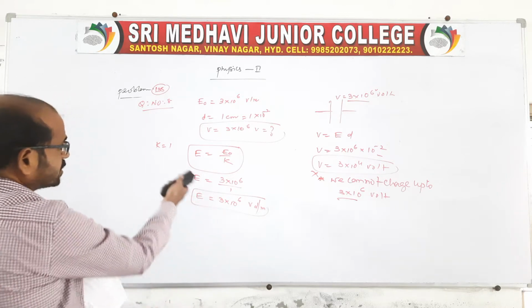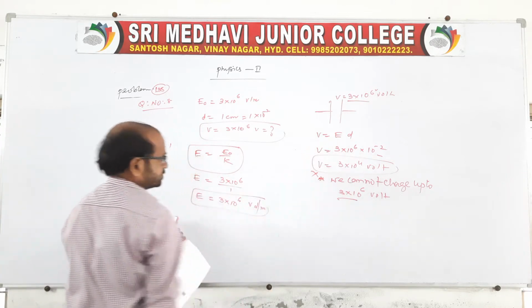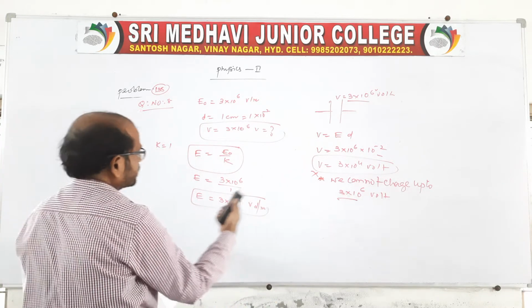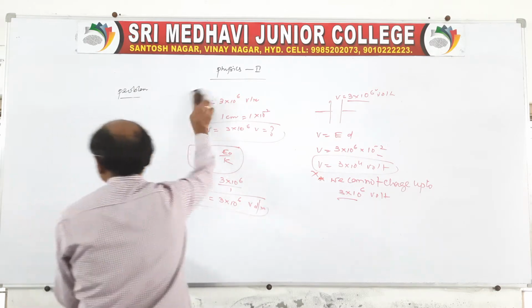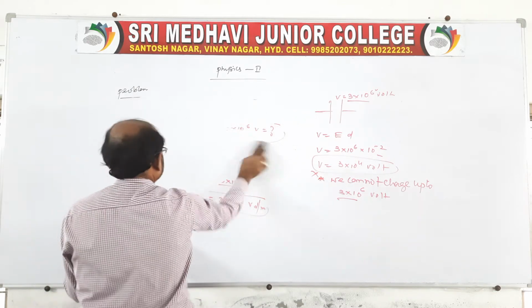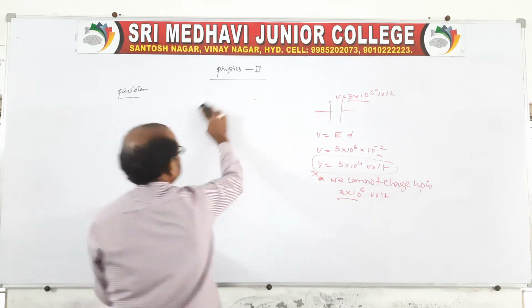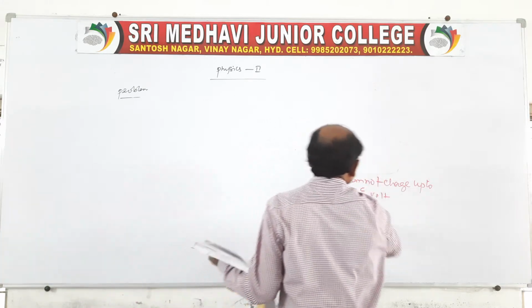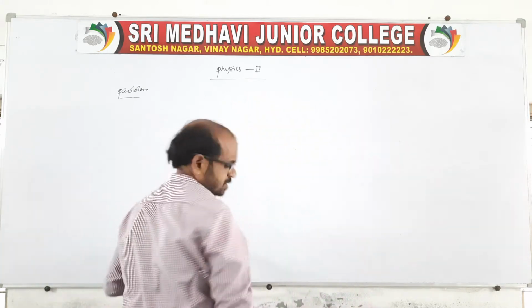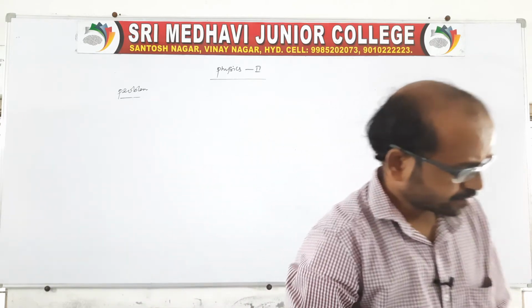This is a relation between V and d, a direct problem, on page number 138. Suppose you go through it like this. We'll move to the next one. Look into that, and I'll tell you another problem.